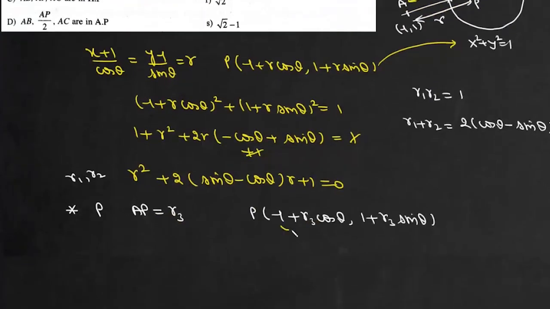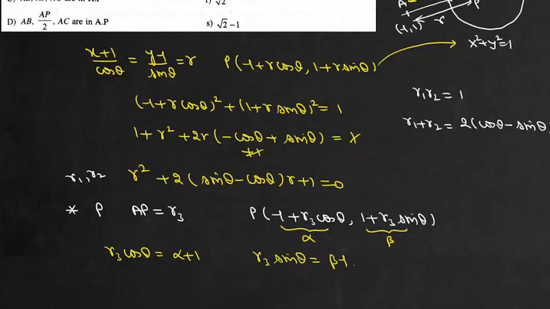So this point is alpha, this point is beta. So we'll get R3 cos theta is alpha plus 1 and R3 sin theta is beta minus 1. Now we can start solving the question.